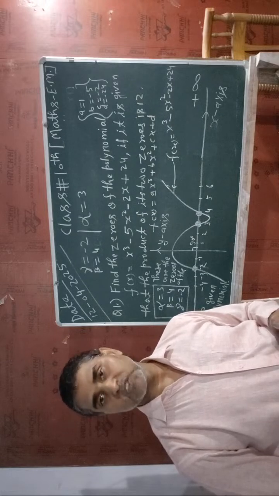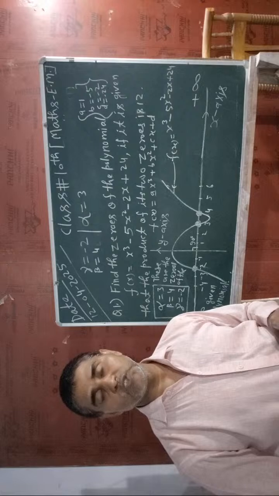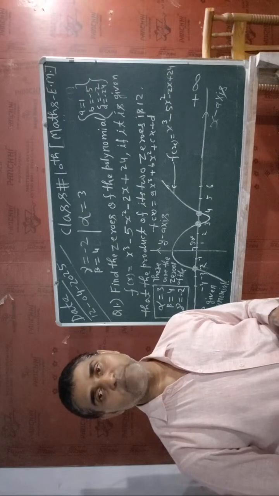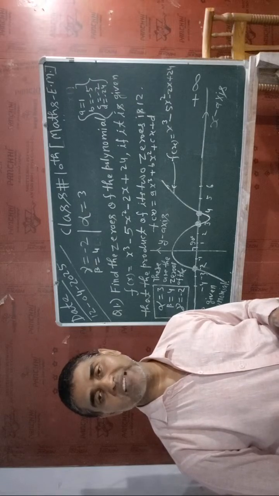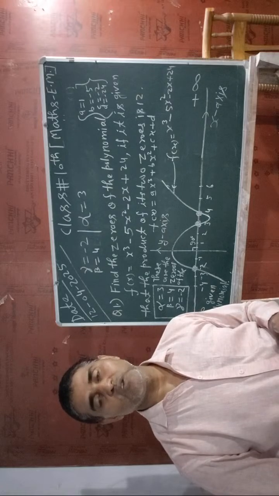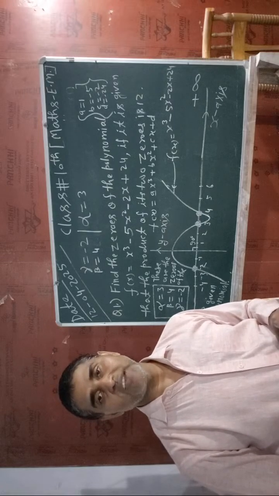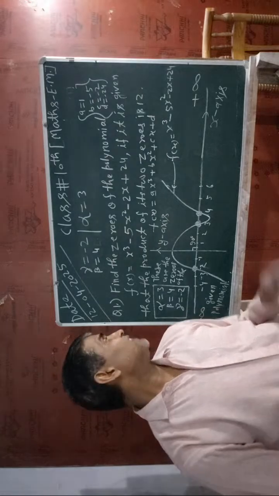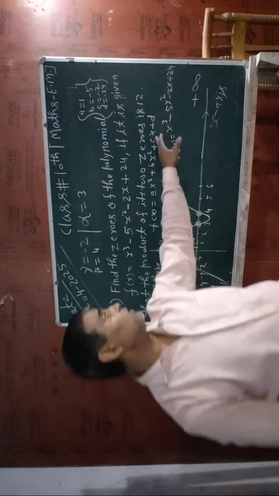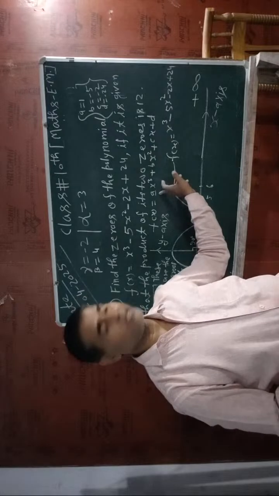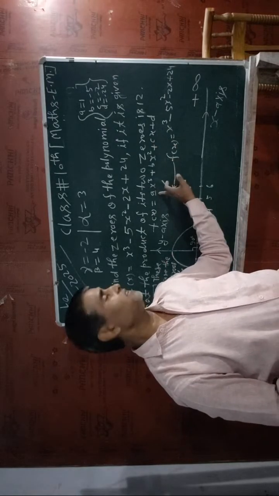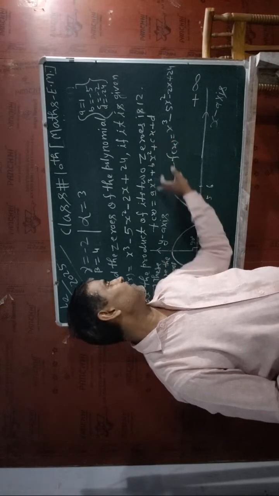The sum of the product of two zeros taken at a time, alpha beta plus beta gamma plus gamma alpha, is equal to the coefficient of x divided by the coefficient of x cube, that is c divided by a.